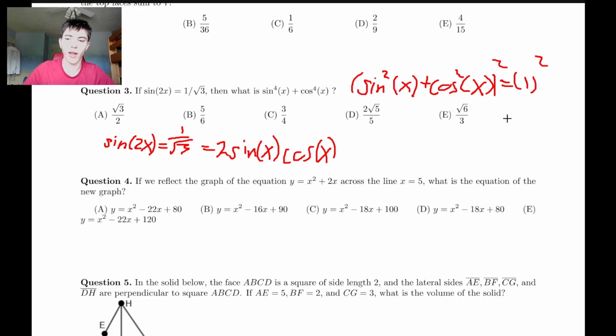So if we square both sides, it's still going to be equal to 1, but on the left-hand side, we're going to have sine to the 4th of x plus 2 sine squared of x cosine squared of x plus cosine to the 4th of x.